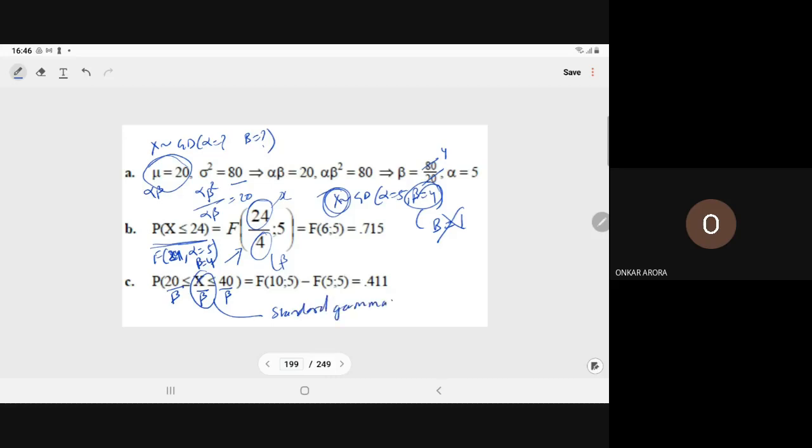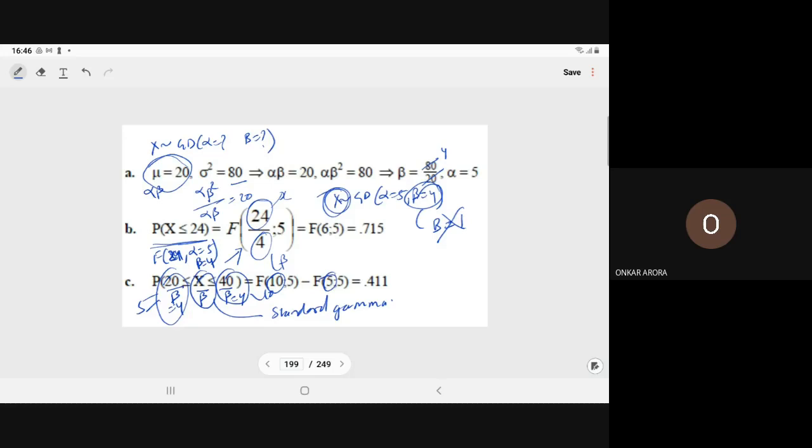So for beta equal to 4, we get 5 and 10, and here we have alpha equal to 5. So here we have to compute the standard gamma CDF for 10 minus 5, for the given alpha and beta.